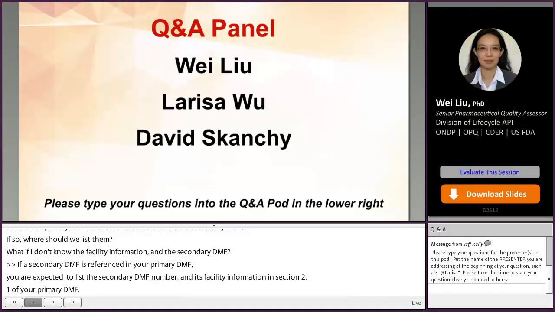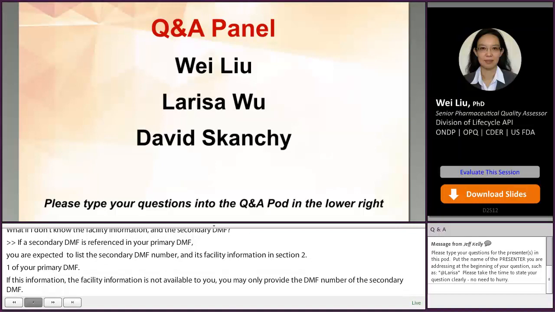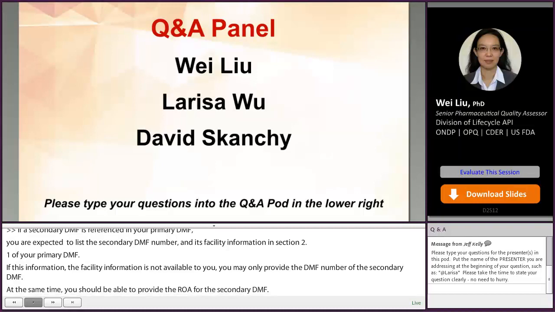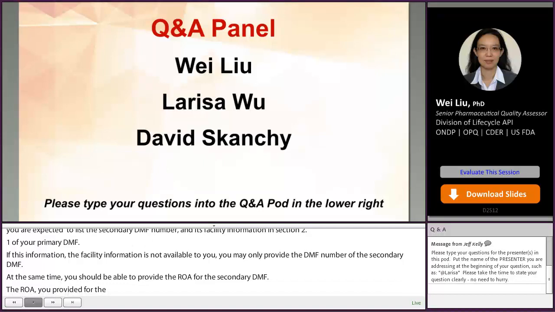At the same time, you should be able to provide the LOA for the secondary DMF. The LOA you provided makes the secondary DMF a part of the application assessment, so we can look at the information in the secondary DMF and make the facility evaluation accordingly if necessary.